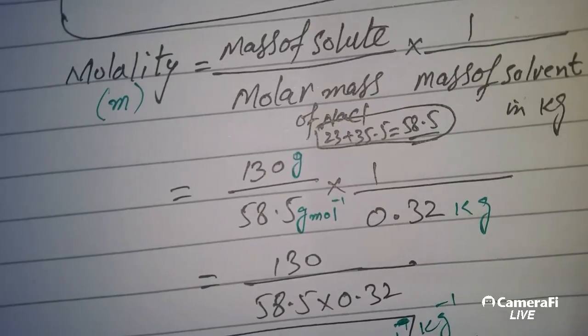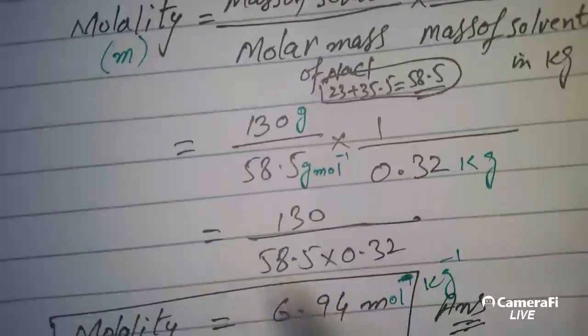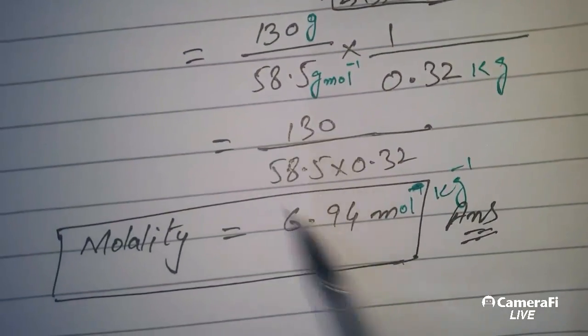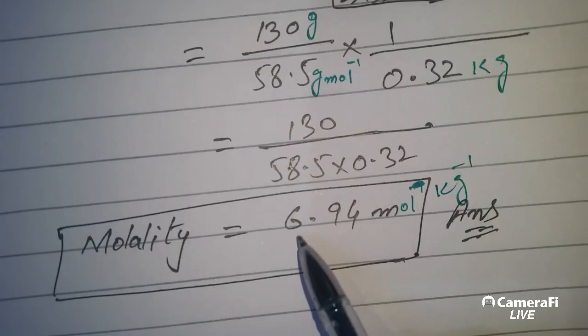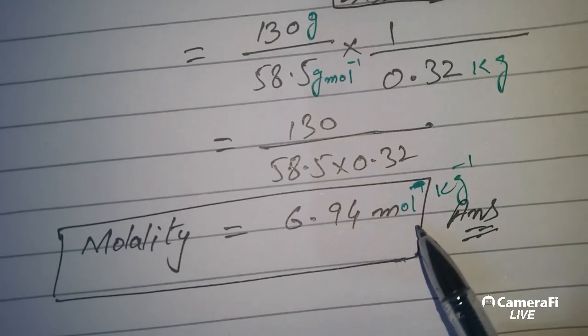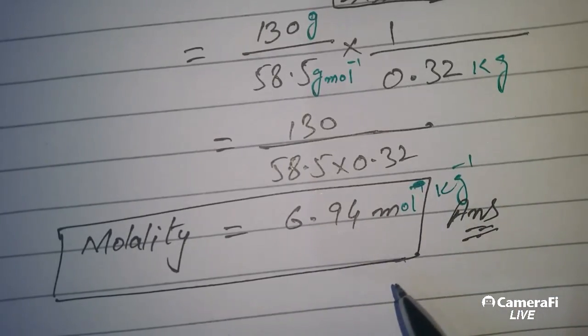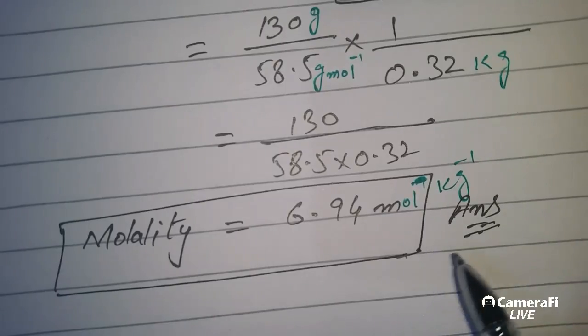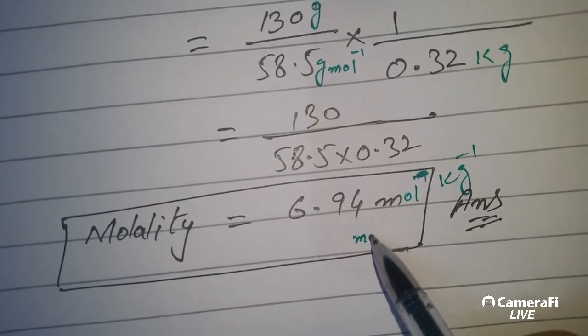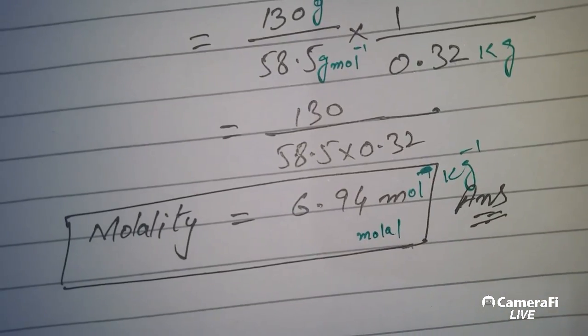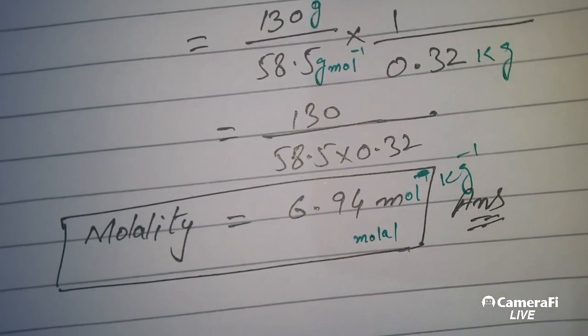After using the calculator and simplifying, we get 6.94 mole per kg molality. We can also write it as molal. So this is the answer to our problem.